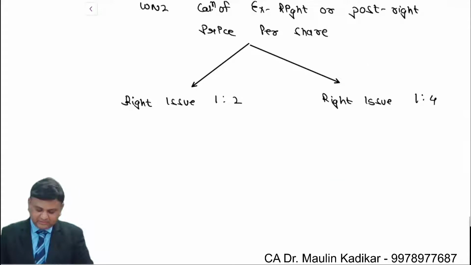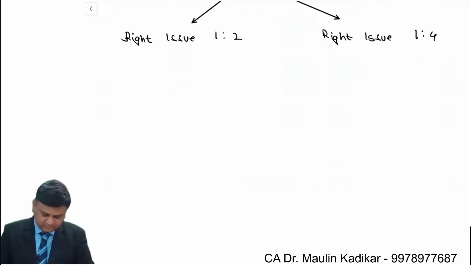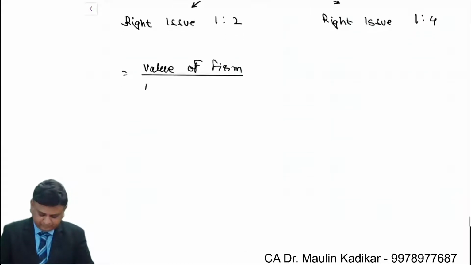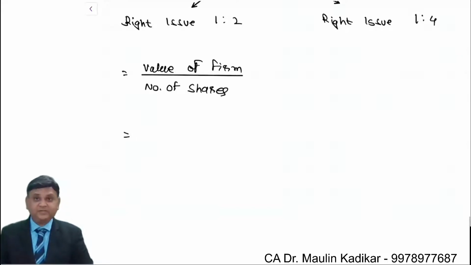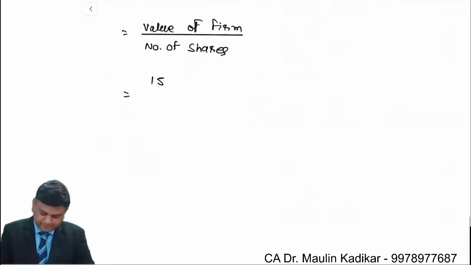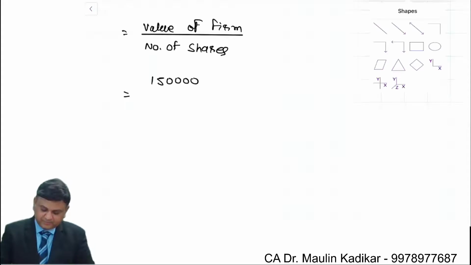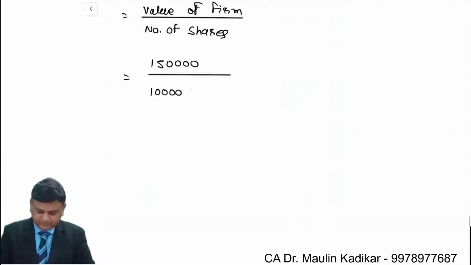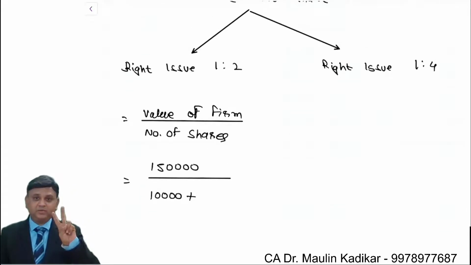Okay. Now what will happen? We understand that the calculation will be made like this. Value of the firm divided by number of shares. What is the value of the firm? It is an amount of 1,50,000 divided by what is the existing number of equity shares? 10,000 plus 1 share for every 2 shares held.